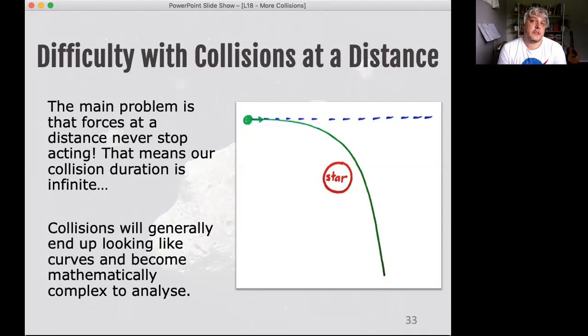The other thing I just want to mention is this diagram. I've shown no change to the star's position. Remember that the momentum of the system must be conserved. So if that green asteroid initially has momentum to the right and now has momentum down, then the star must have a change in momentum equal and opposite to the green one's change in momentum. So the green one's change in momentum is effectively an arrow that points from the right downwards.